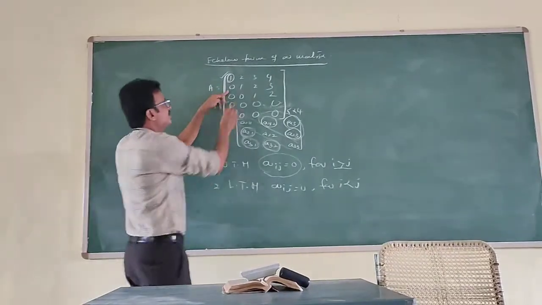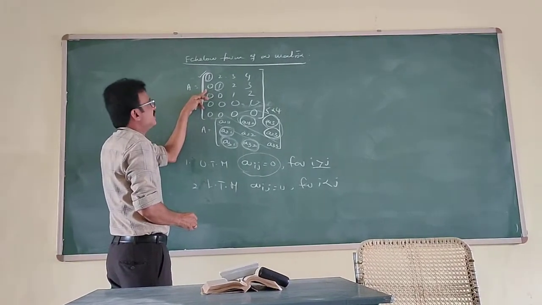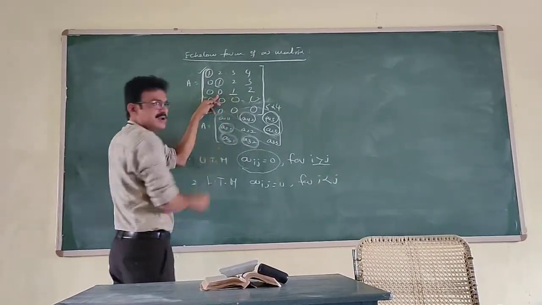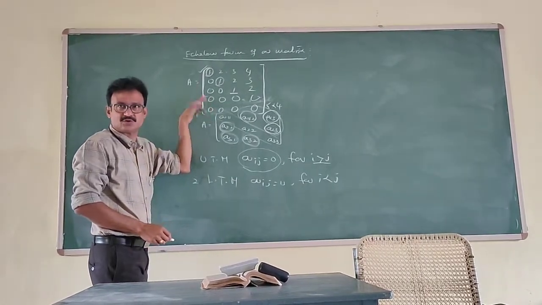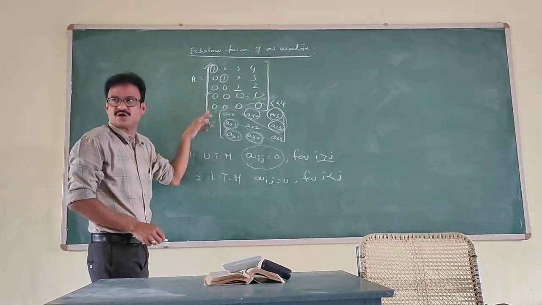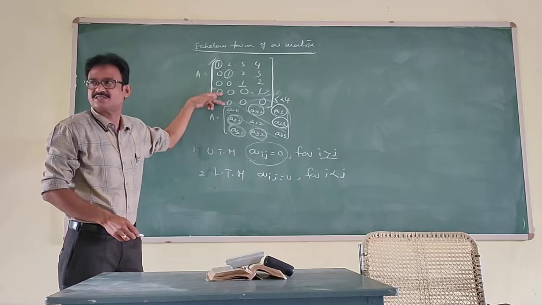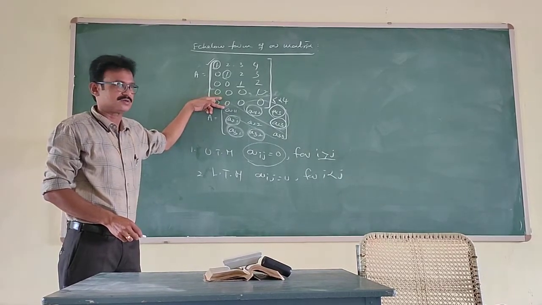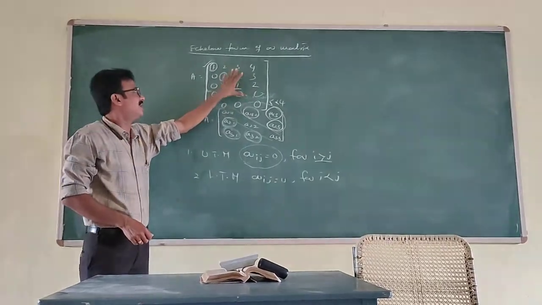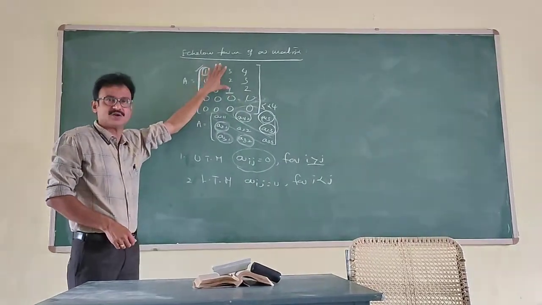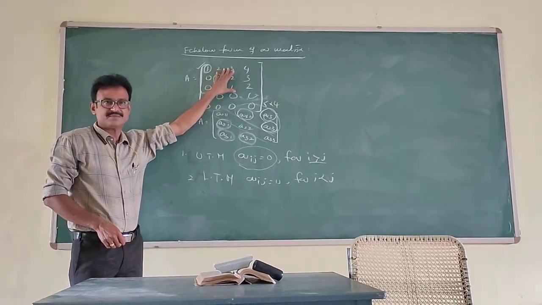In the second row the first non-zero element is 1, and in the third row the first non-zero element is 1. There is no non-zero element in the fourth and fifth rows. These two rows are completely zero rows. So every non-zero row has its first non-zero element equal to 1.